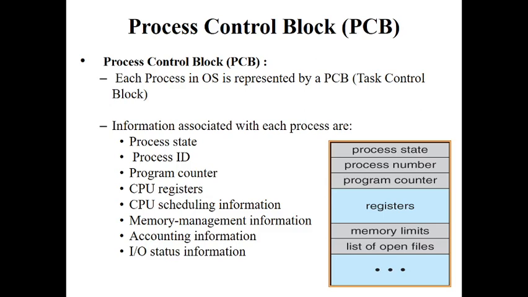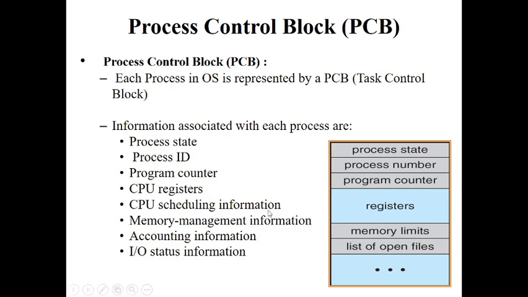You can see in this slide, there is a lot of information about the process that the operating system maintains in the process control block. It is not only when the process shifts from running state to ready state, or running state to waiting; also from new state to ready state, at that stage also, the operating system maintains the information about the process.